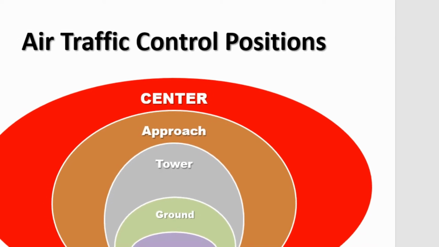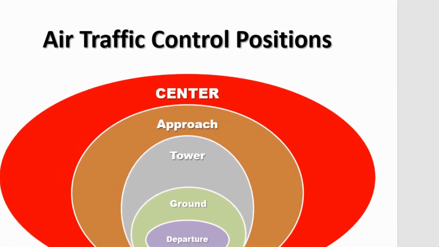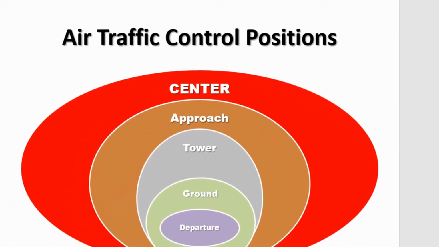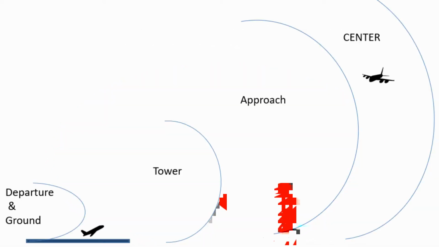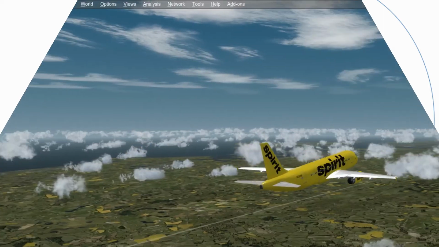Approach can cover any position that is lower than it is, so it can cover tower, ground and departure, and so on. So far we've talked mainly about outbound, going from the airport out. On the return leg or inbound leg to the airport, things work very much the same, but just in reverse. Centre will hand you over to approach.